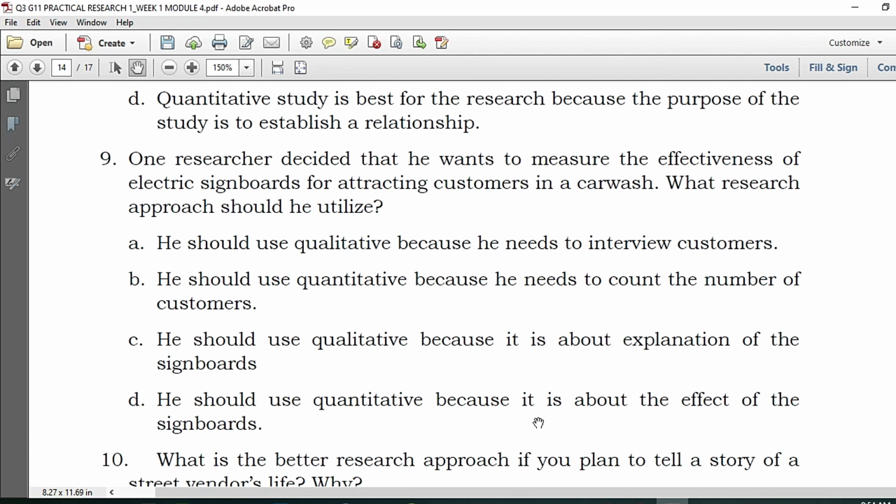C. He should use qualitative because it is about explanation of signboards. D. He should use quantitative because it's about the effect of the signboards. Okay, the correct answer would be letter D.